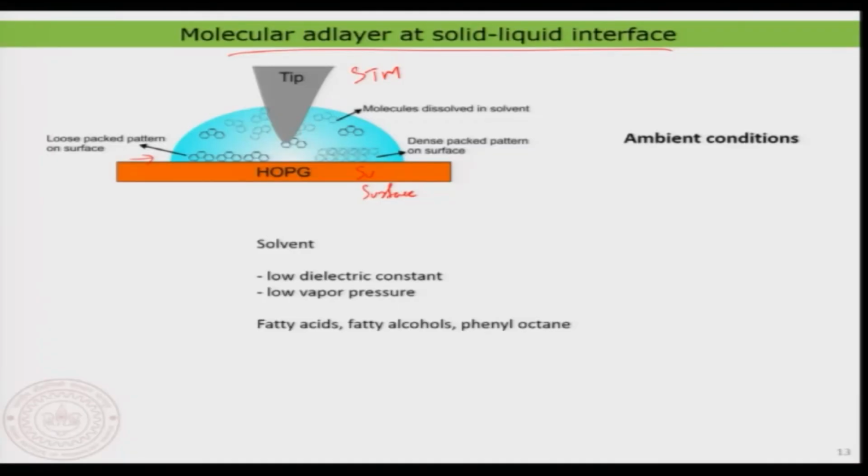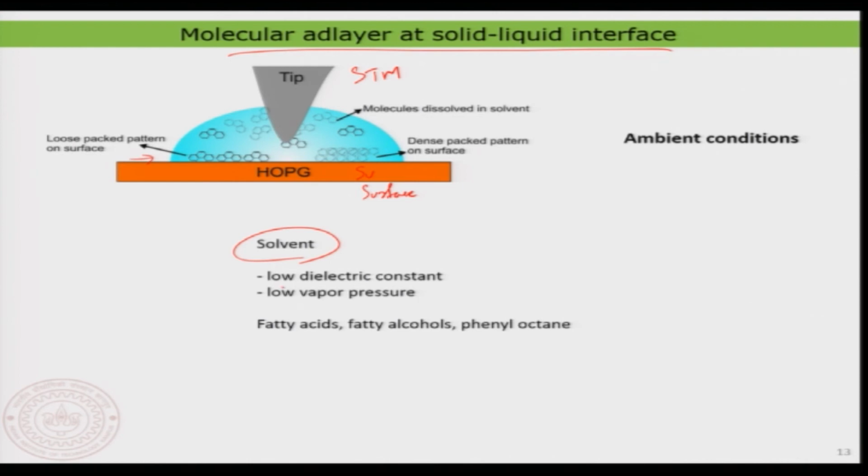In this particular case, of course, molecules do self assemble on the surface, but the interesting fact is that the concentration of the solvent and the nature of the solvent are going to play a strong role in getting the right type of molecular assembly on the surface.